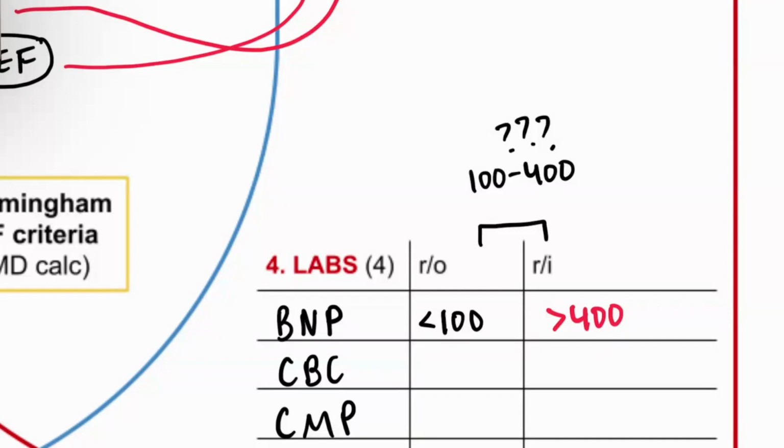For CBC, we're specifically looking at whether they have anemia, because this can trigger heart failure in patients with underlying heart failure. And then a CMP, we're looking at LFTs to assess for any liver damage, which makes heart failure more likely.